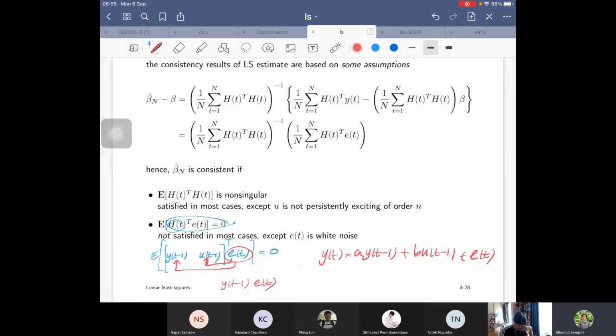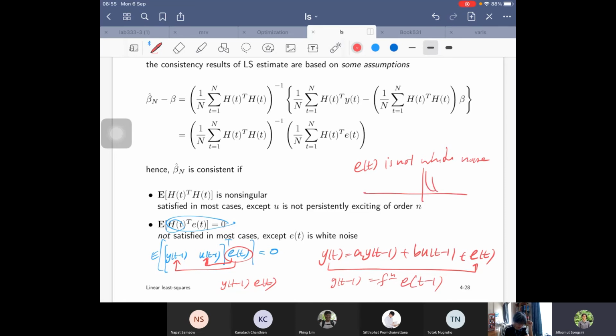If you look at this equation, your y_t is a function of e_t, right? So your y_{t-1} is a function of e_{t-1}. If e_t is not white noise, what happened?